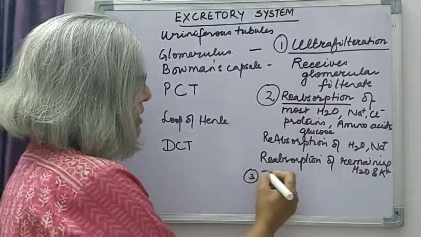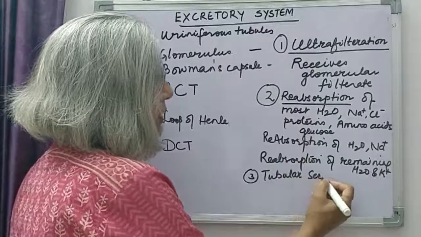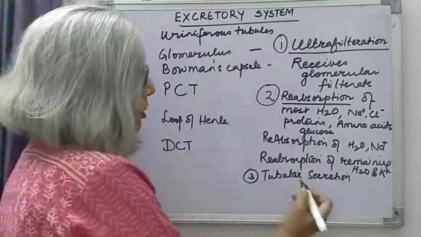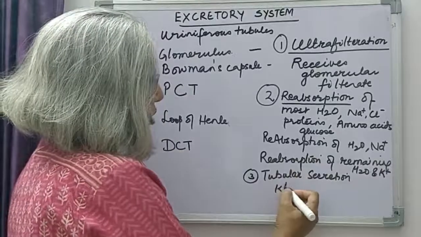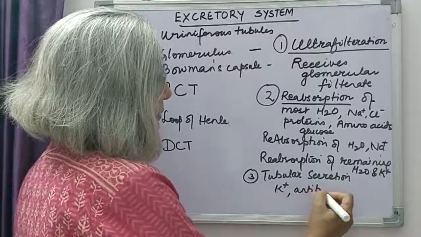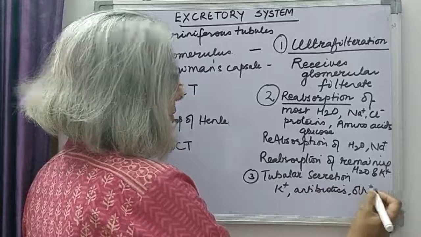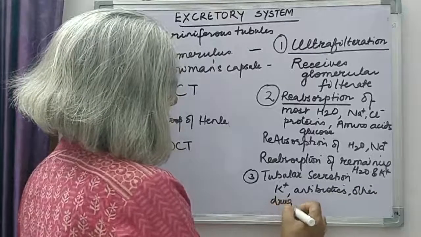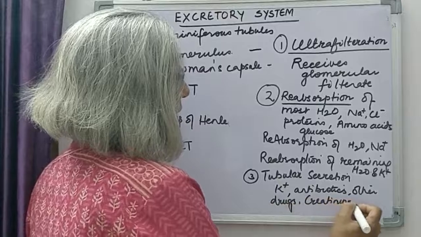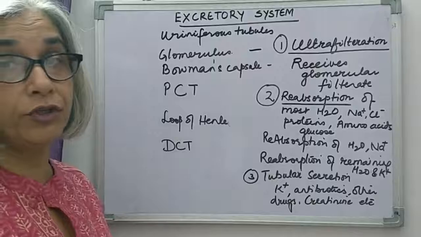Third step is tubular secretion, which also takes place in the DCT region of the nephron, and here potassium ions, antibiotics, other drugs, creatinine, etc. are secreted into the lumen of the tubule.